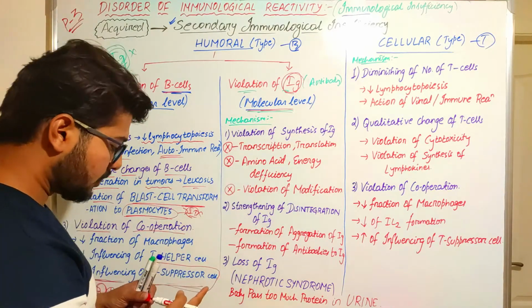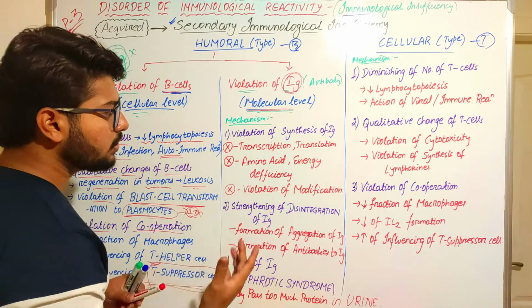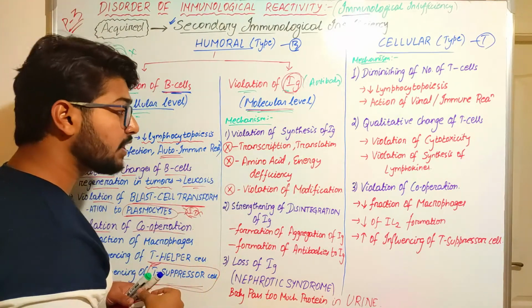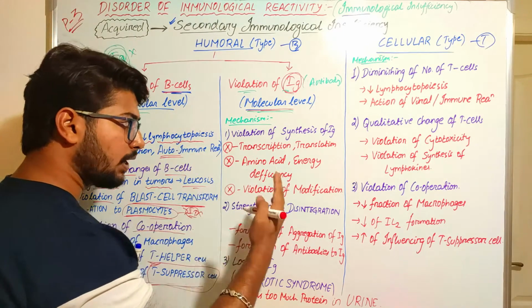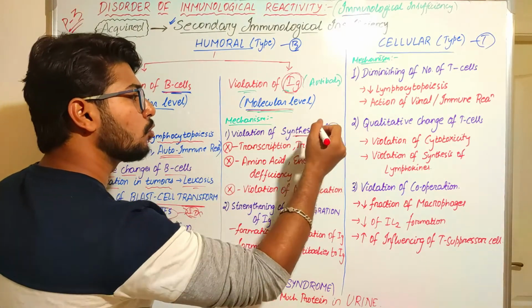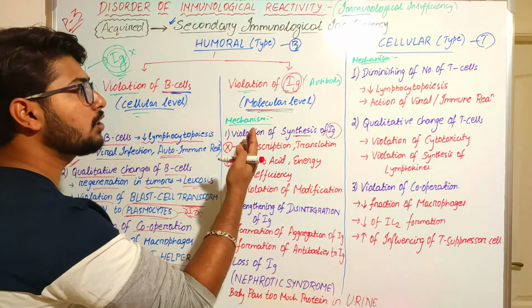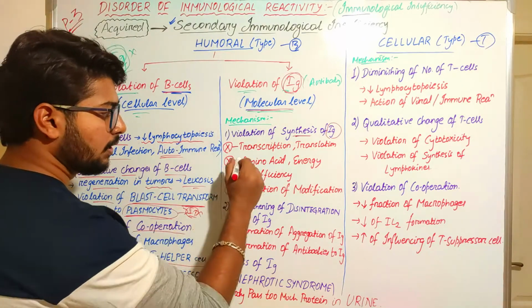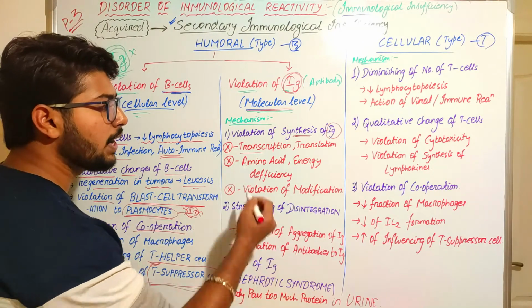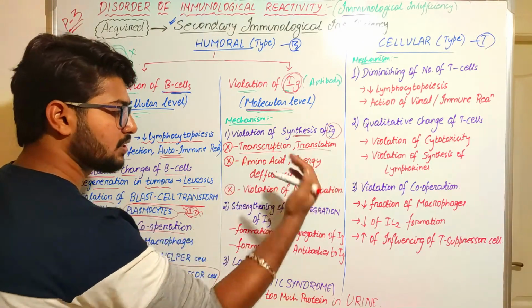So what are the conditions? Let's see. The first one is the violation of synthesis of antibodies. If there is any kind of problem or disorder during the synthesis of immunoglobulins or antibodies, then we call it a violation. For the formation of antibodies, what processes are required? It requires transcription and translation.